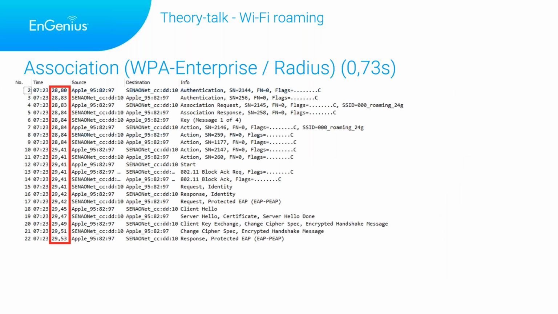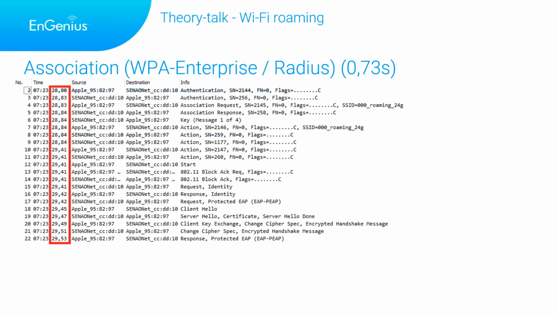To give you some idea about speed, if you have a normal WPA pre-shared key or enterprise, it goes something like this. If you look at this display, you will see that it takes about 0.7 seconds just to get authenticated and associated.